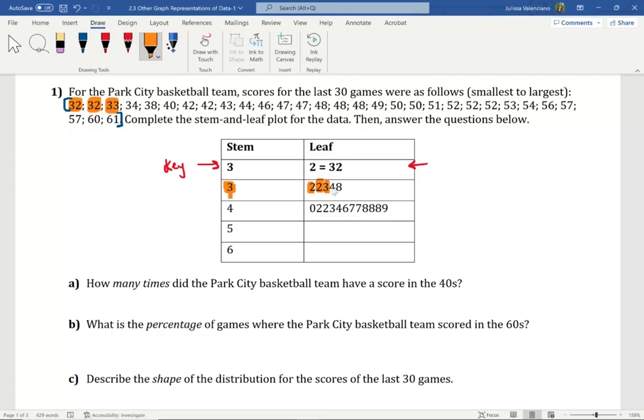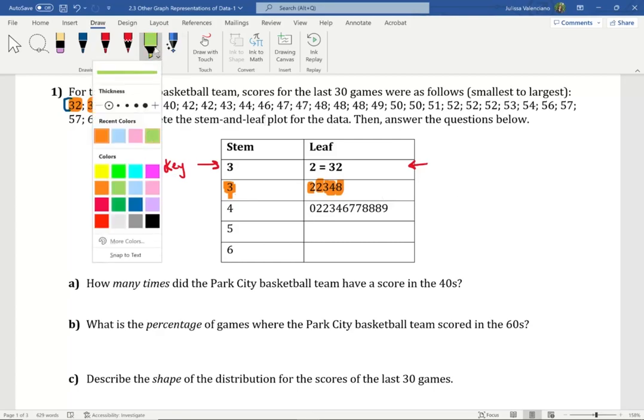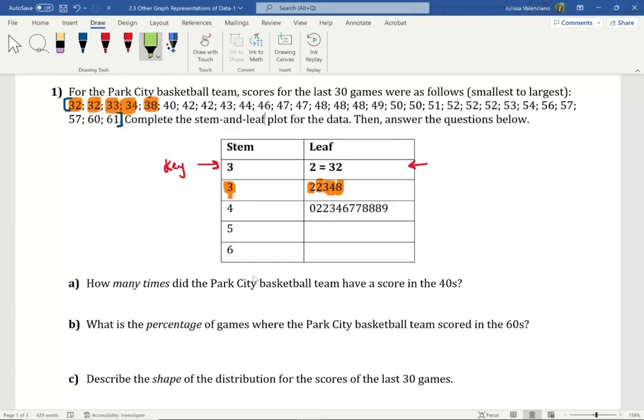Stem 3, leaf 4 corresponds to the value equal to 34. Stem 3 and leaf 8 corresponds to 38. Okay, now I'm going to go a little bit faster. We see stem 4, leaf 0. That corresponds to the value 40.